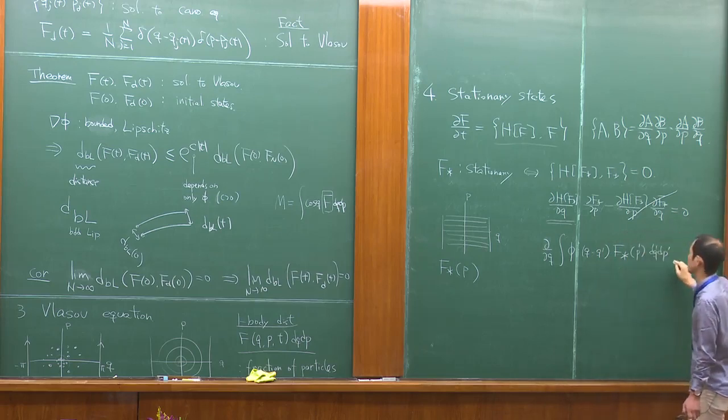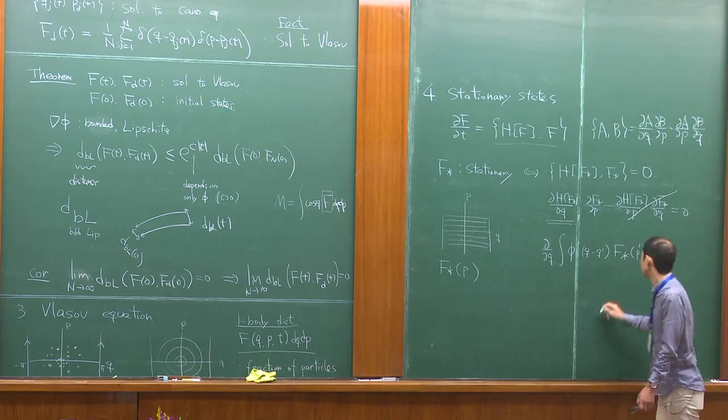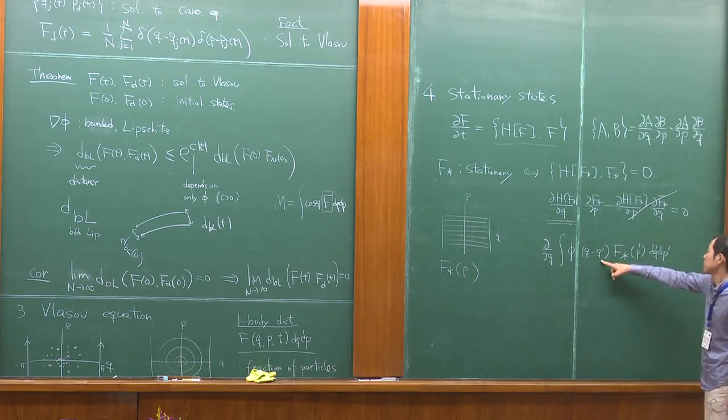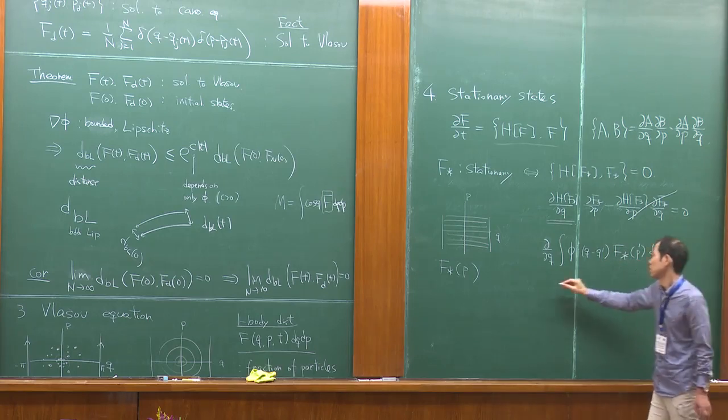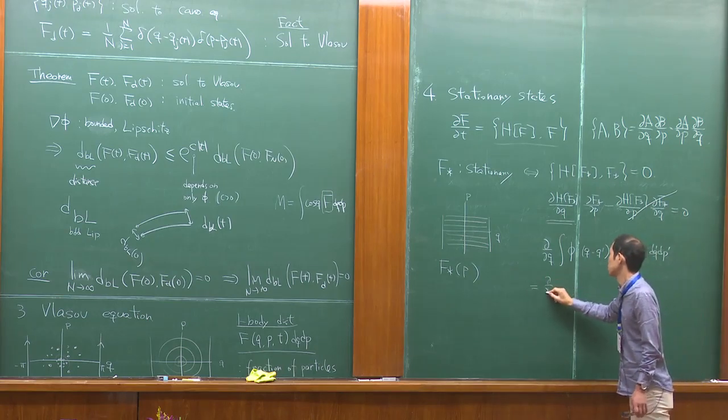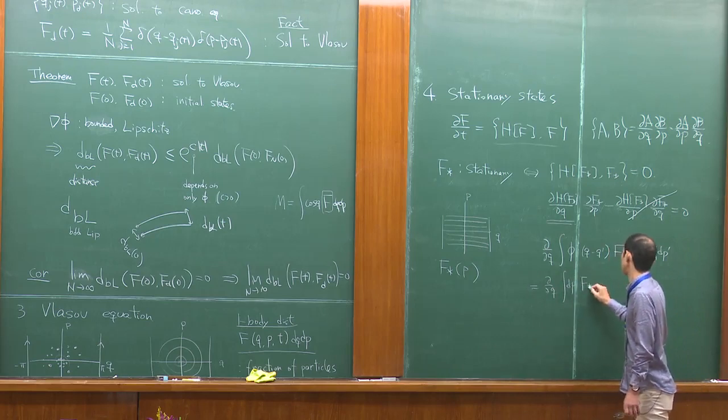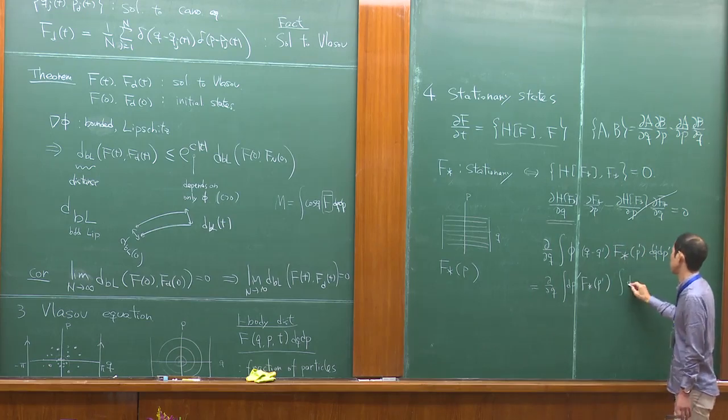Sorry. And what happened? There is q prime here, but there is no q prime in f star. So we can modify it like this and then integrate over q prime.